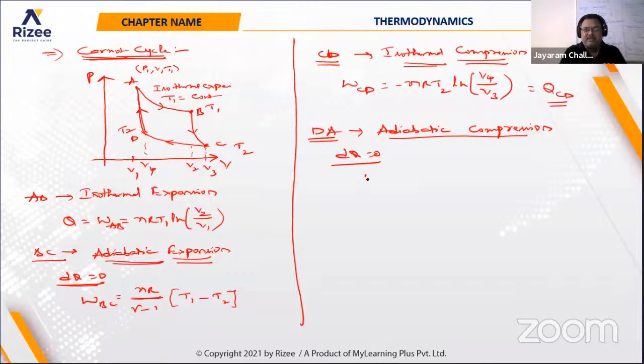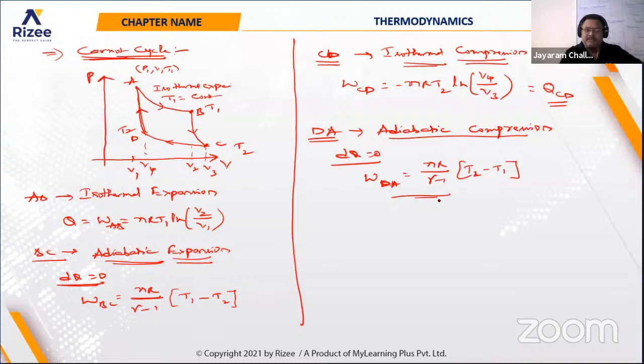So the work done under this process, W of D to A, is also negative: nR by gamma minus 1 of the temperature at D, that is T2, minus T1. So this is the one thing, please.